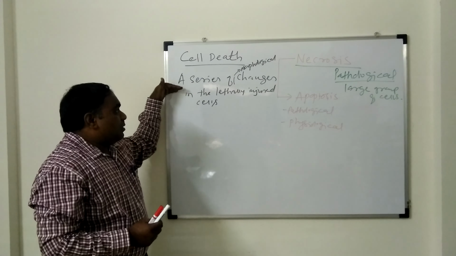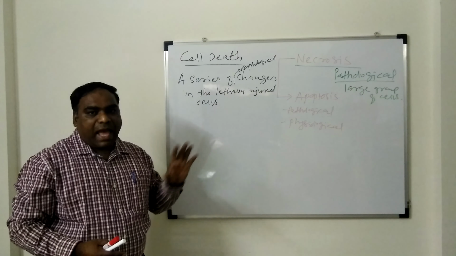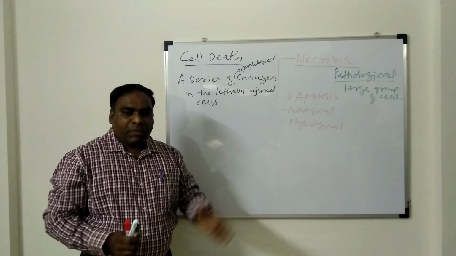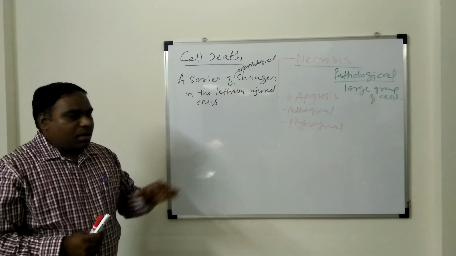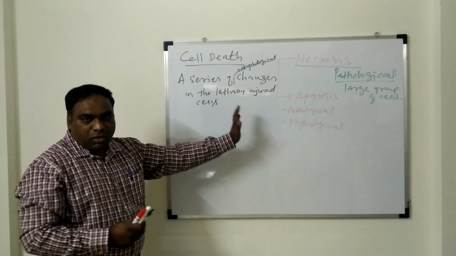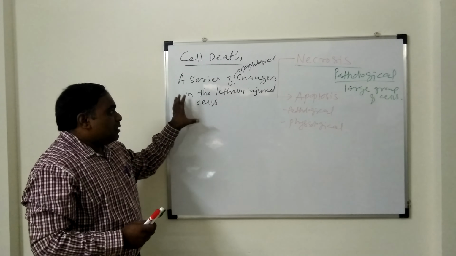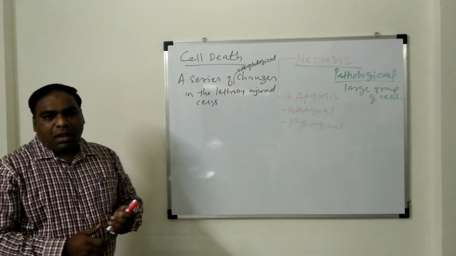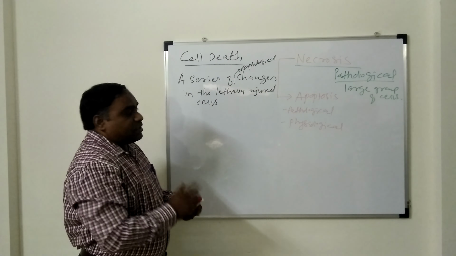Morphologically, the cell has a plasma membrane, a nucleus and cytoplasmic material. Some changes occur sequentially in these components of the cell in the case of necrosis.